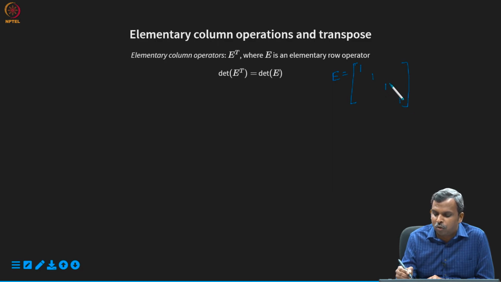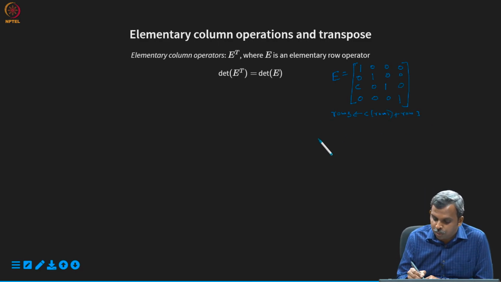So let's take a 4 by 4 matrix, and then maybe row 3 became some C times row 1. So let's take this matrix for instance. This basically represents row 3 equals C times row 1 plus row 3, right? So this is this matrix.